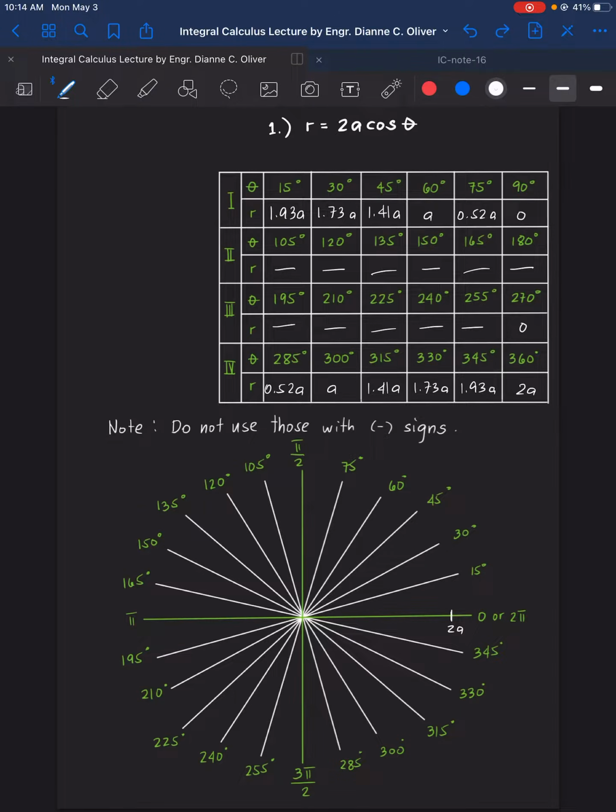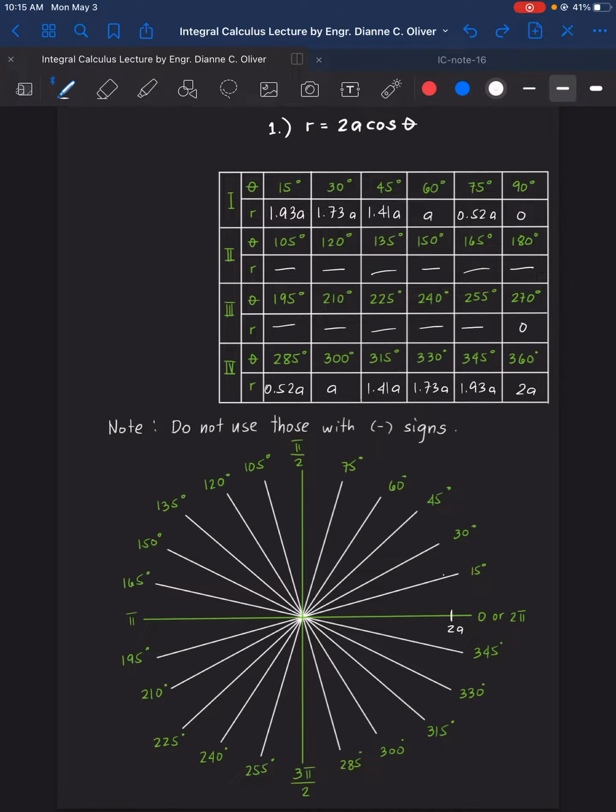Imagine you are holding a string, a cord. Put one end on the origin and the other end on the point here at 2a. So that's the length of your string, that is 2a. Now for 15 degrees, the length of your string becomes 1.93.